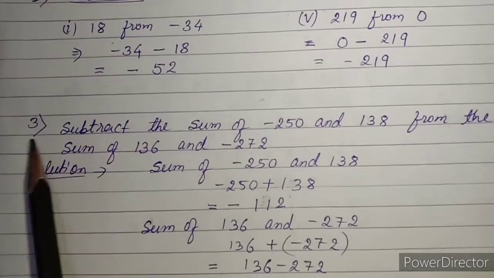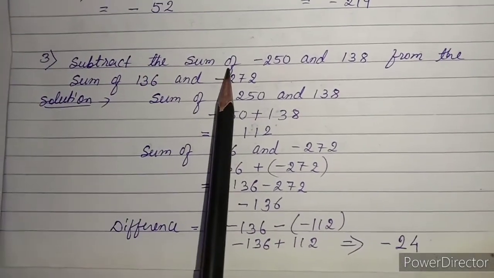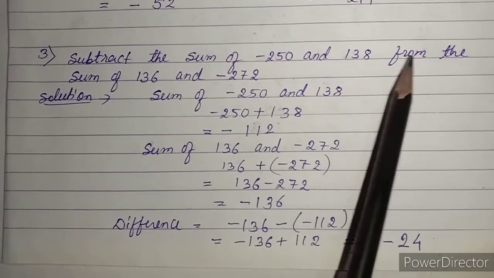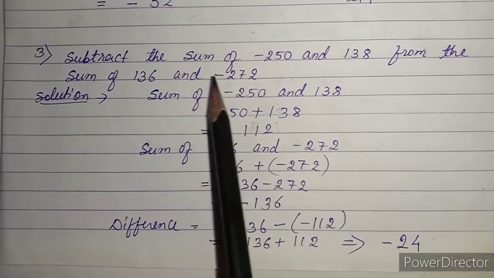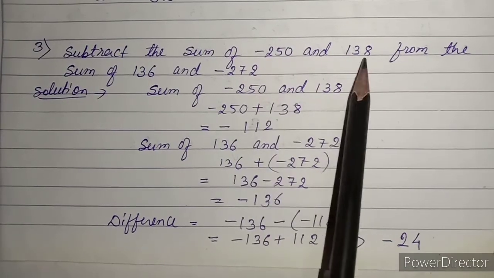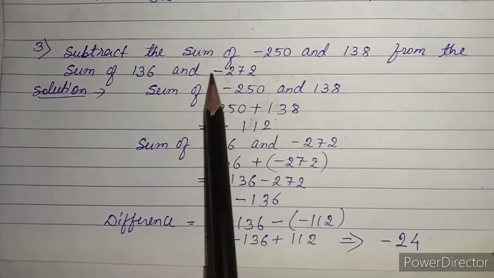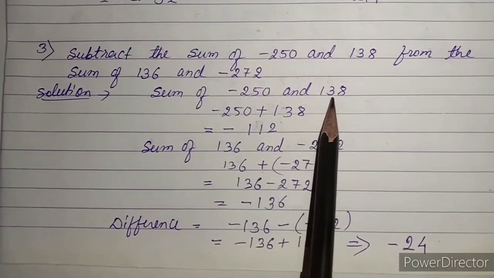Next is question number 3. Subtract the sum of minus 250 and 138 from the sum of 136 and minus 272. Means you have to find the sum of these two also and the sum of these two also. First find the sum of minus 250 and 138.